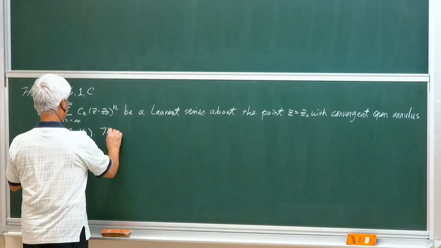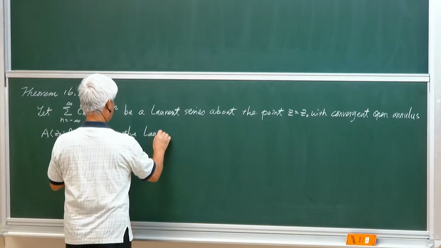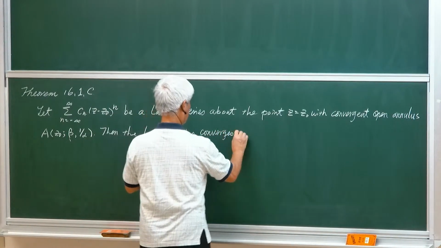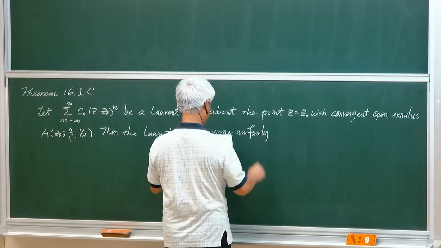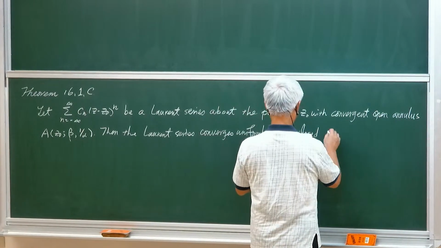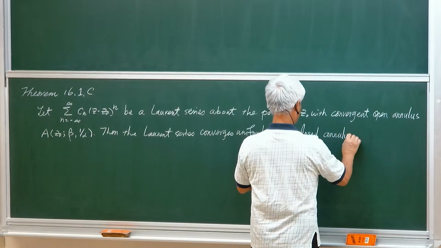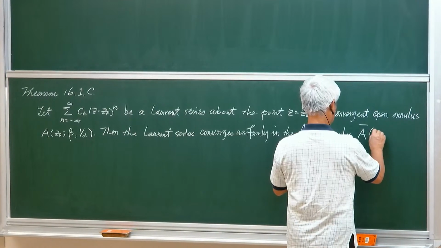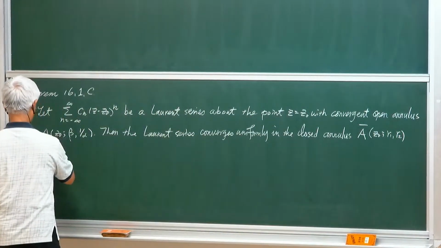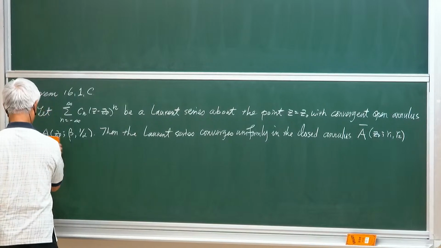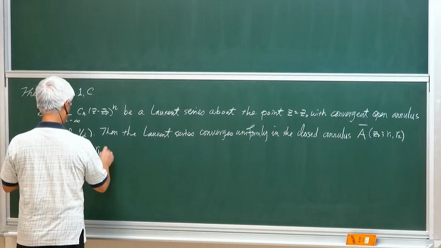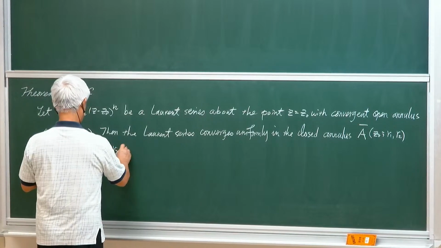Okay, then the Laurent series converges uniformly in the closed annulus A bar, center at z sub 0, R1, R2, whenever beta is less than R1, less than or equal to R2, and less than 1 over alpha.